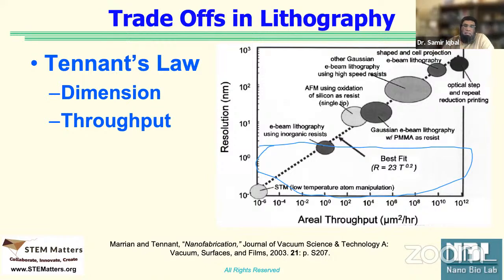So this is now the challenge: on the resolution side, we want to stay down, but on the throughput side, we want to be on the right side, right? We want higher throughput, but that's not what our plot is showing. You see the best fit, which is given as R equals 23 times T to the power 0.2, that's the power relationship.